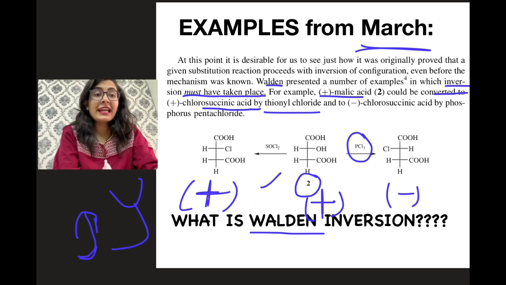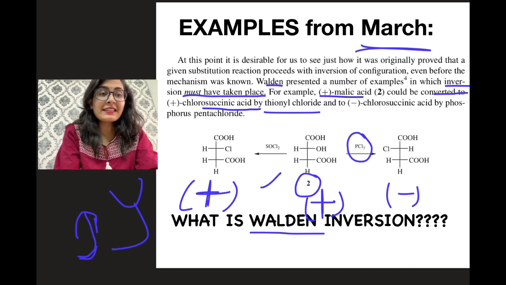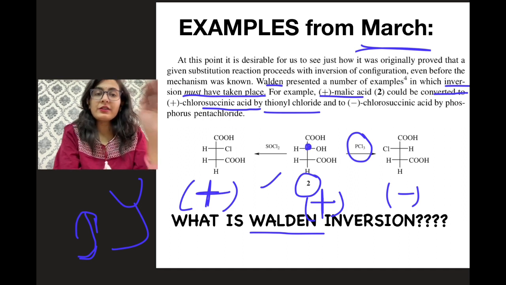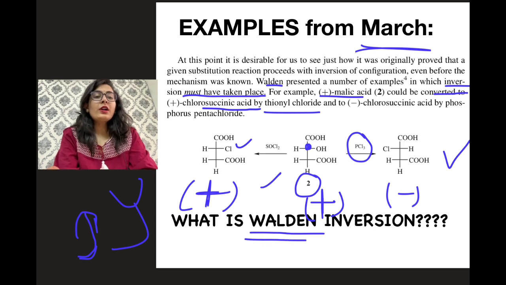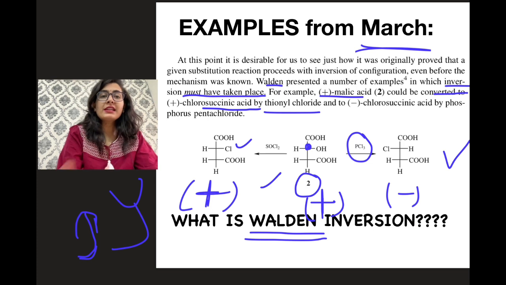So you see in the SNi mechanism there is retention. The OH is exactly on the right hand side and the Cl is also on the right hand side. So this is retention. This one is inversion. All right. So what is Walden inversion? It is just the flipping, or basically the inversion taking place while SN2 attack.